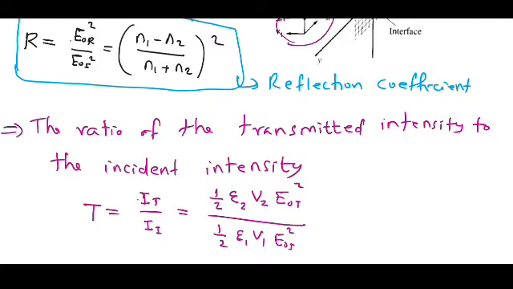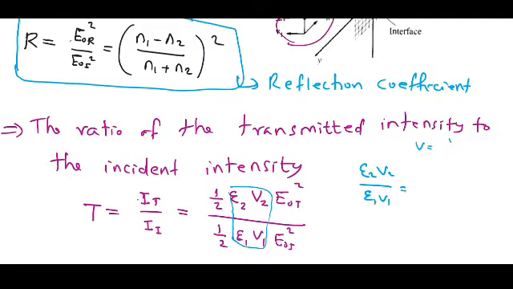Here I will find a substitution for this epsilon 2 v2 by epsilon 1 v1. We have to spend a few minutes to find an expression for this quantity. That is epsilon 2 v2 by epsilon 1 v1.